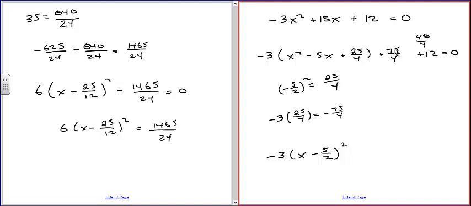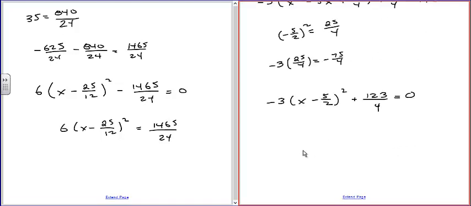Add those together, you'll get 123, I think. 75 plus 48 is 123. So we'll get plus 123 over 4 equals 0. Move this to the other side, negative 123 over 4.